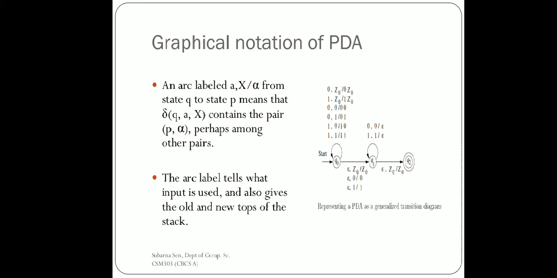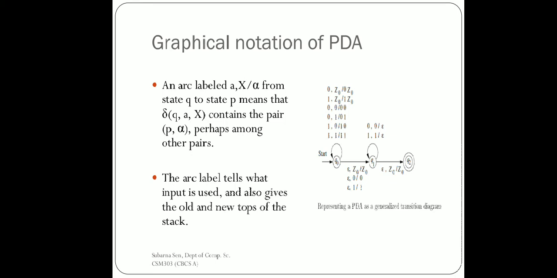We can access only the top element, right? So these three describe the transition function, and P comma alpha means on feeding A to the state Q and having the stack content as X, it will move to the new state P and will change the stack top with alpha, right?